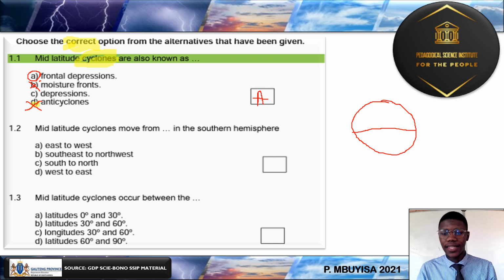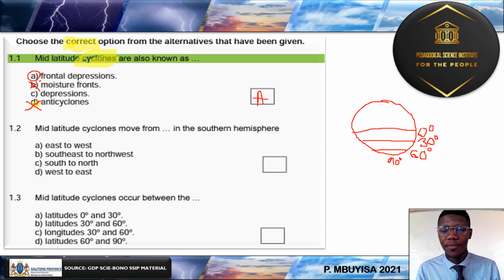And we see that at the center of the diagram we have the equator at 0 degrees. And then we have our 30-degree line of latitude being the subtropical high pressure belt. Remember you did the belts in grade 11. At 60 degrees we have our subpolar pressure belt, and at 90 degrees we have our polar high pressure belt.